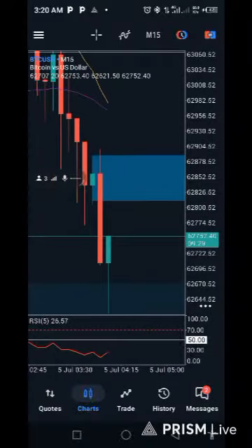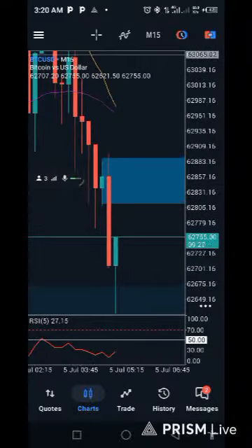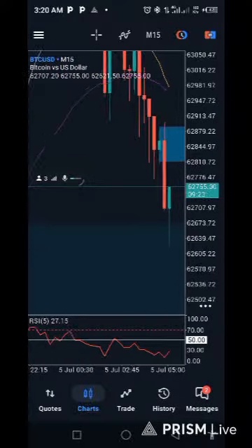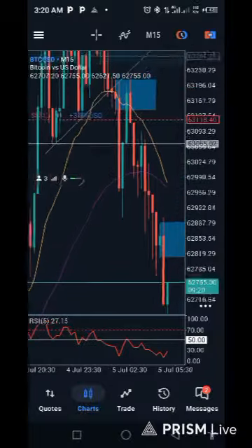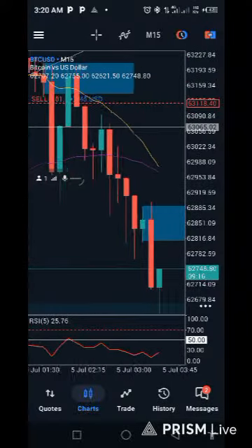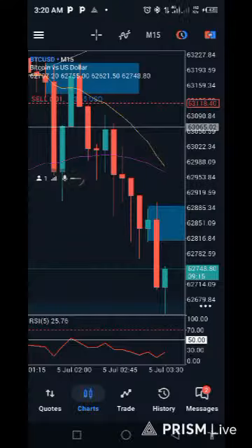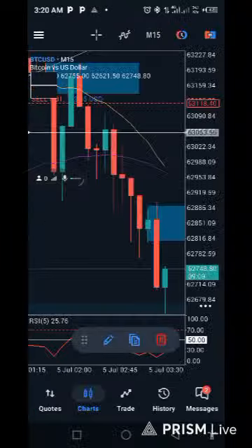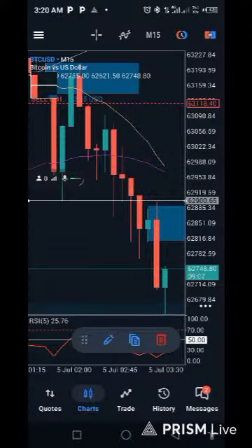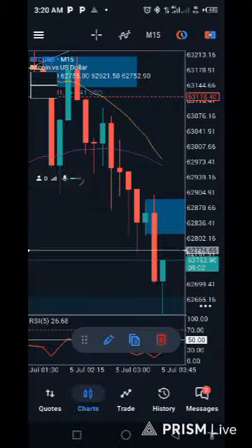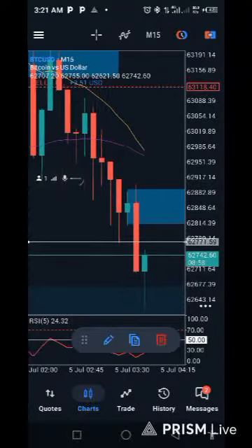So let's see if it's going to produce an FVG here, because if you check what I said, it broke structure here. It broke structure here. It broke structure here and came here and broke another structure here. So let's see.